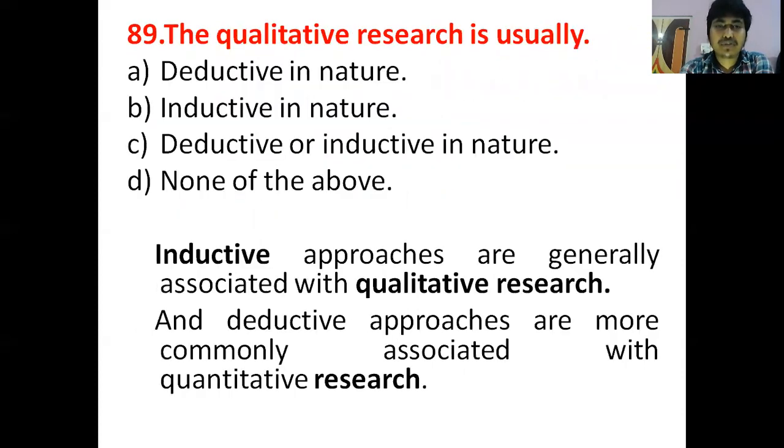The next question is: qualitative research is usually deductive in nature, inductive in nature, deductive or inductive in nature, none of the above. Inductive approaches are generally associated with qualitative research and deductive approaches are more commonly associated with quantitative research. So our correct answer will be inductive in nature, option B.